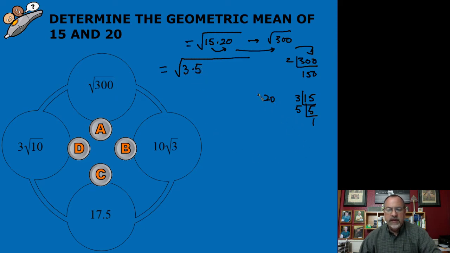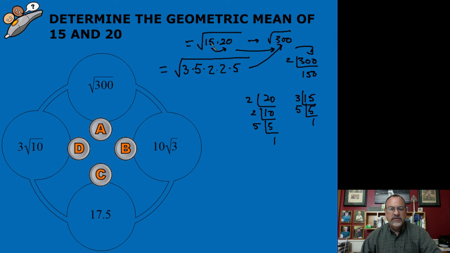And 20 I can prime factor as 2, 2, 5. And now these are the prime factors. If I multiply these together, this would equal 300. So you can see it doesn't make any sense to multiply them together and then divide it out, because you're just undoing what you just did.